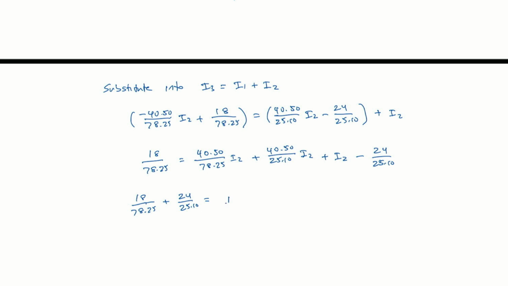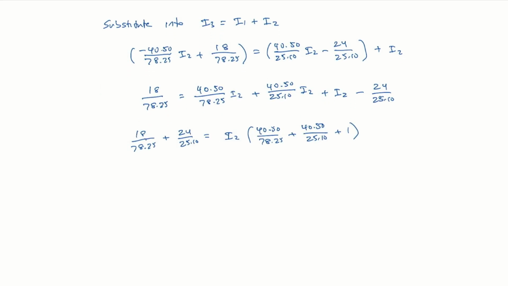And let's factor out the I2. We've got 40.50 over 78.25 plus 40.50 over 25.10 plus 1. Okay, now we just need to divide by what's in the parentheses.